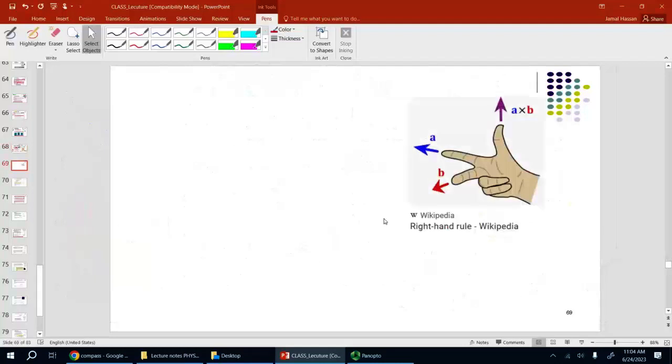For example, here, the credit for this picture goes to Wikipedia. Other people maybe use the right-hand rule in this way. So here you have two vectors, A and B. Okay, so this is the first vector, this is the second vector. In our case, those vectors are, let me just write the equation again, v cross B. So this is another way of using the right-hand rule.